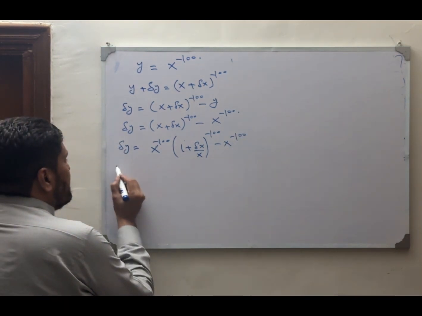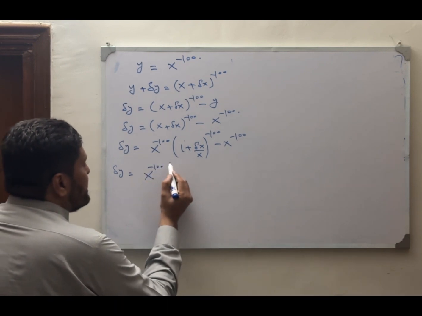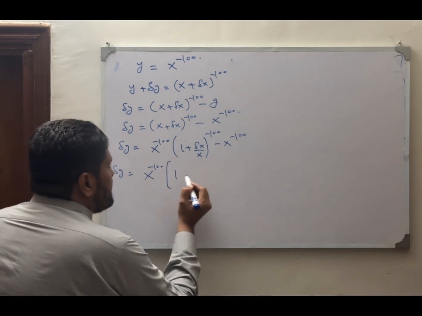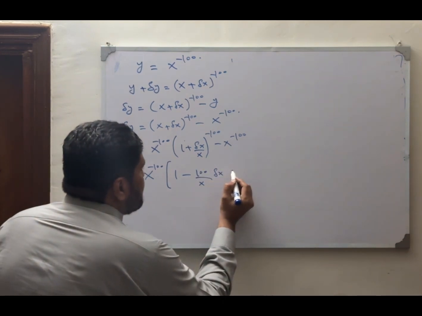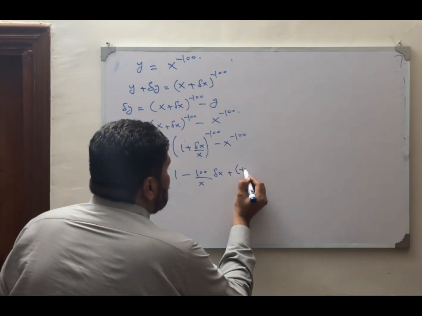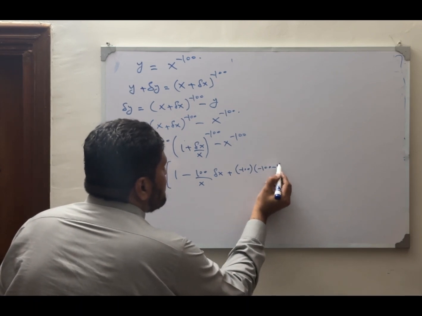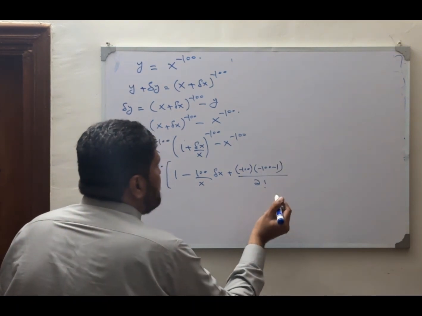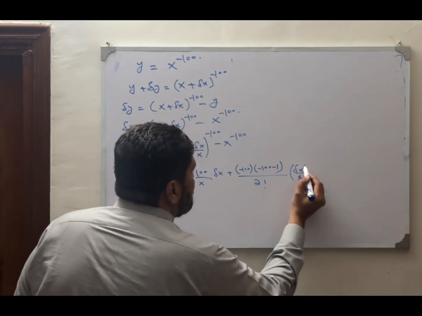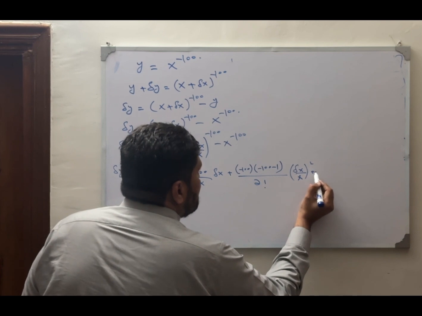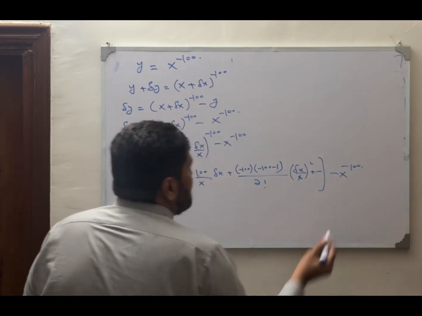So by applying the binomial expansion, we have x power minus 100 into [1 plus n times delta x by x, that will become 1 minus 100 over x into delta x, plus (minus 100) into (minus 100 minus 1) divided by 2 factorial into (delta x by x) whole square, and the remaining terms will be neglected], minus x power minus 100.